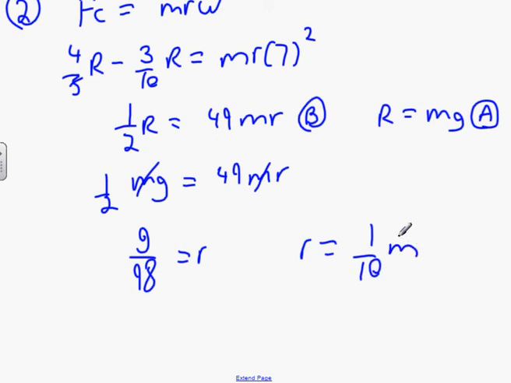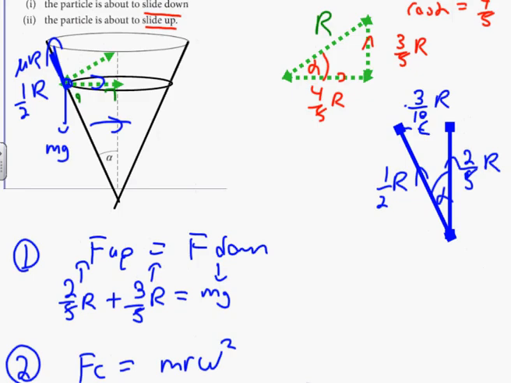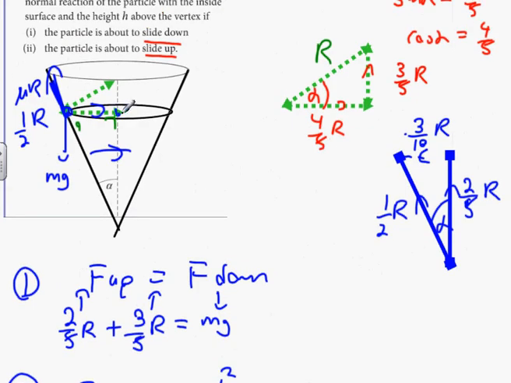Now, it also asks us to find the reaction force R. We already found what R is, didn't we? R equals mg. We don't know what m is, and then we know that the radius is 1/10 meters. Not 1/10 times mass, but 1/10 times meters. Now we are asked for the height as well, though, aren't we? We're asked for this height here. Any idea how to get that?